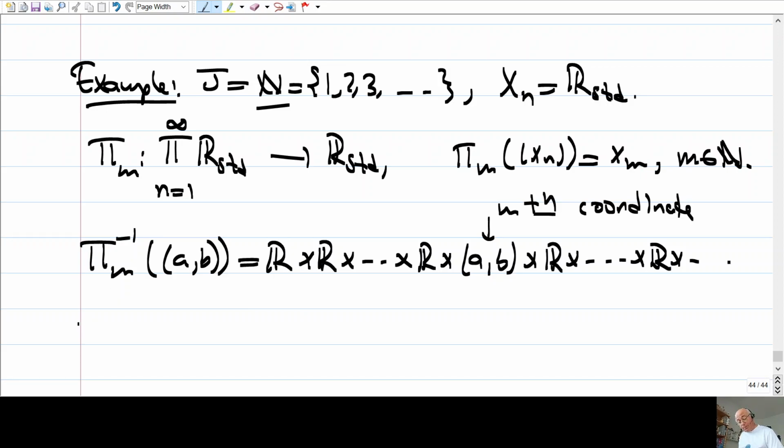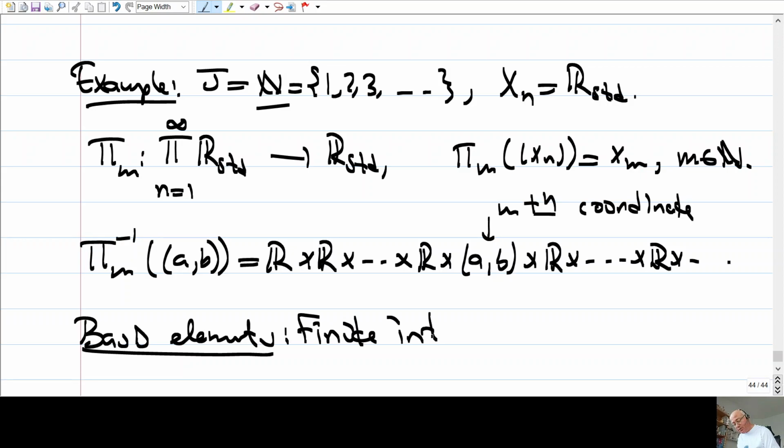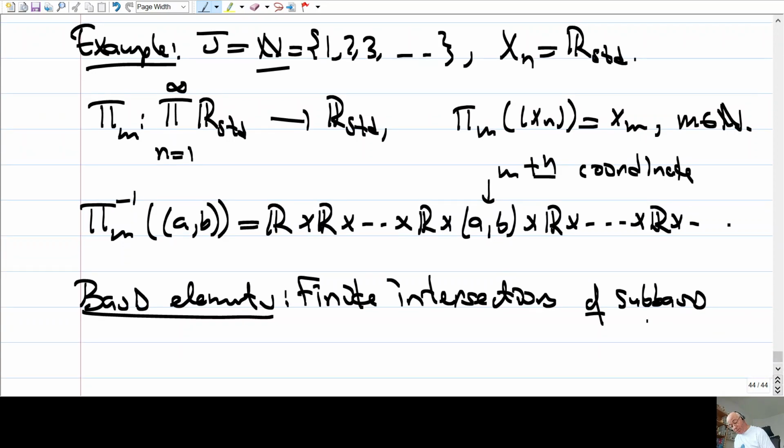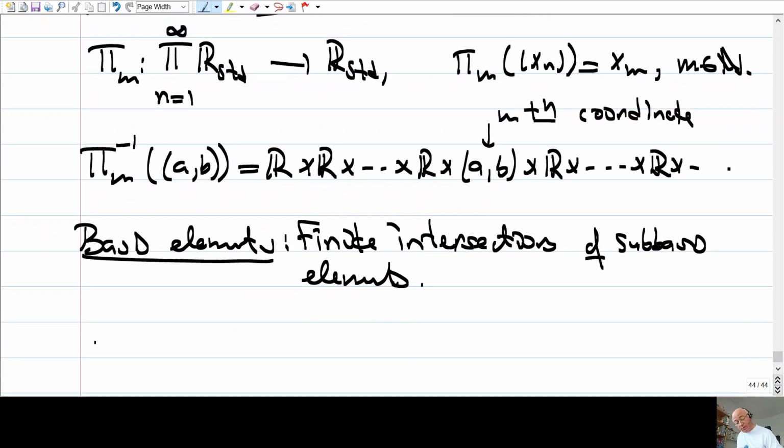What about basis elements? Basis elements are finite intersections of such objects, right? These are finite intersections of sub-basis elements. So they have the following form then. If you take such products, finitely many of them, and intersect, you would get something like this.